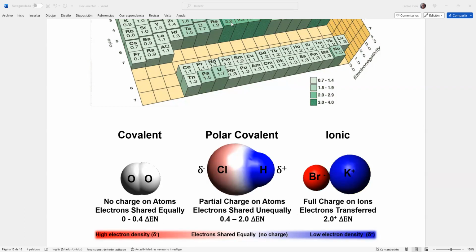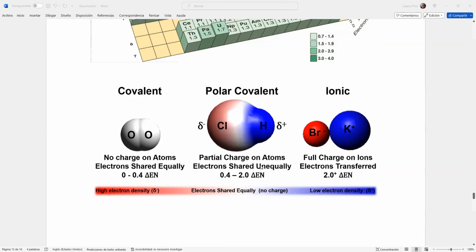So using this table and getting the difference of electronegativity, I can get the type of bond between two atoms. It doesn't mean that the molecule as a whole is covalent or ionic or whatever.